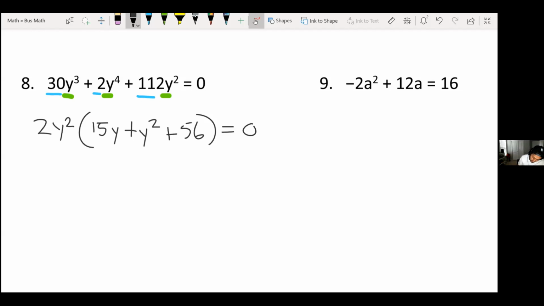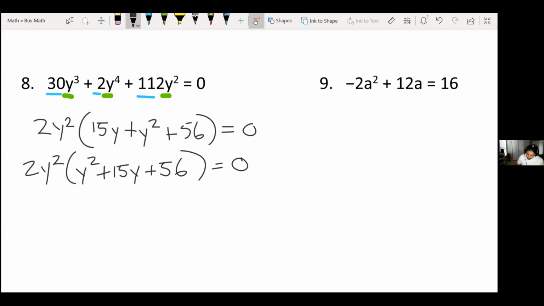Now I'll rearrange: 2y squared times (y squared plus 15y plus 56) equal to 0.